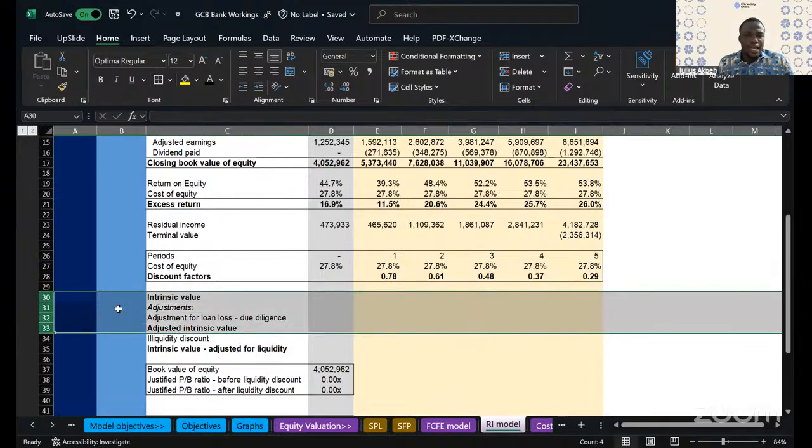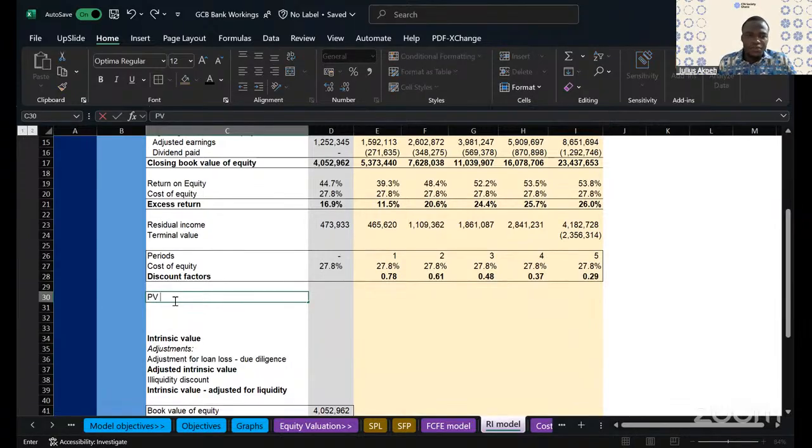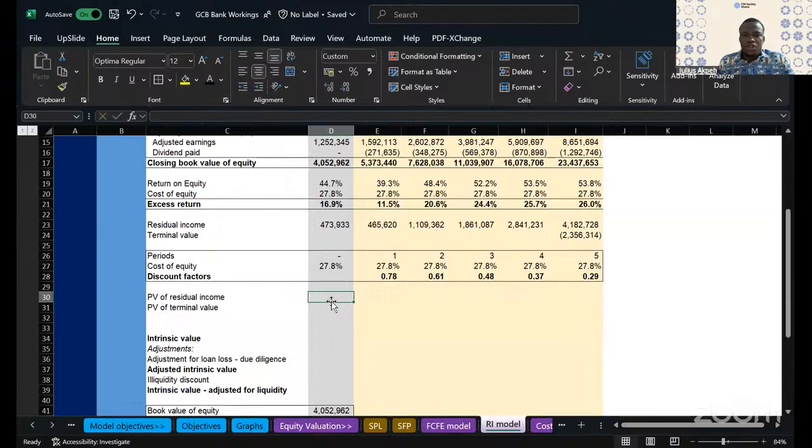So let's check that out quickly. We will have the present value of residual income and then the present value of the terminal value of residual income. We have these multiplied by the discount factor. Of course, it will be 0, and that's what I expect.